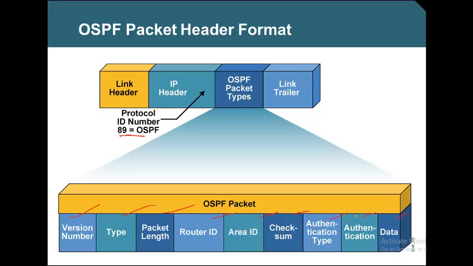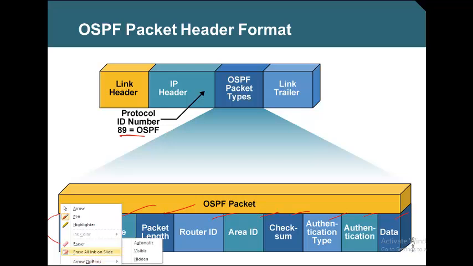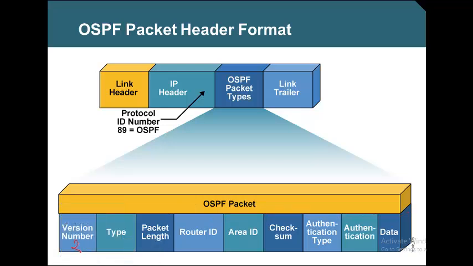Version number, meaning what? Is it OSPF version or IP version? This is not an IP version, this is the OSPF version. We are using version 2 for IPv4. Version 3 is for IPv6.